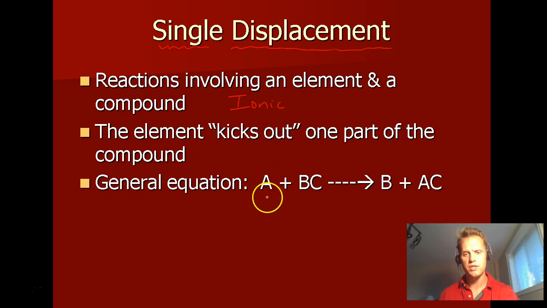So the general equation is A plus BC equals B plus AC. In this case, because A is written before C, we can say that A is a metal, because metals are always written first. B used to be with C, but along came A, and A is more attractive, kicks out B, and B is on its own now, and A is now with C.